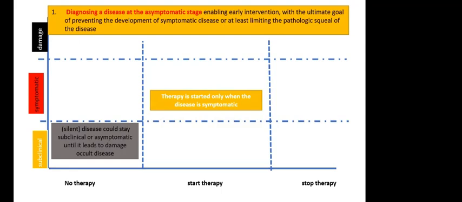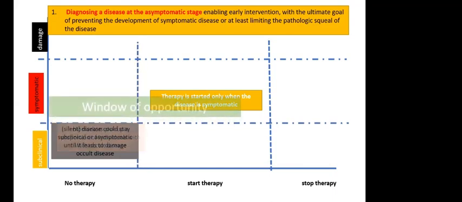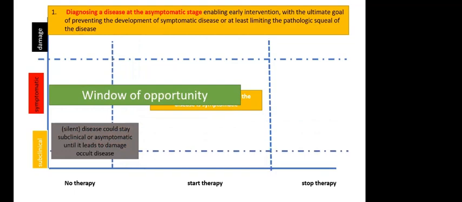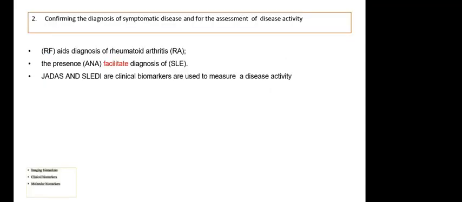We usually don't start therapy unless the disease is symptomatic. So we need a biomarker that could pick up that proportion of individuals with this occult disease. This will enable early intervention with the ultimate goal of preventing the development of symptoms or at least minimizing the pathological sequelae of the disease.